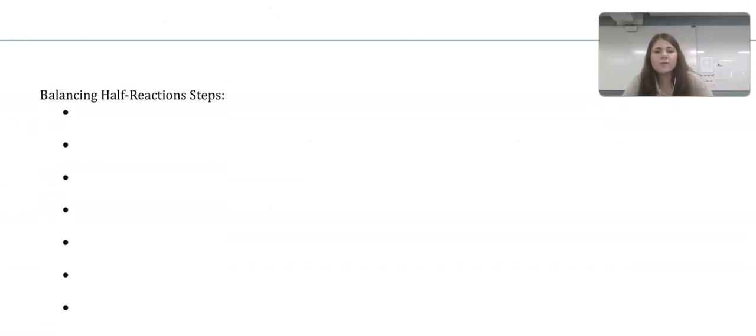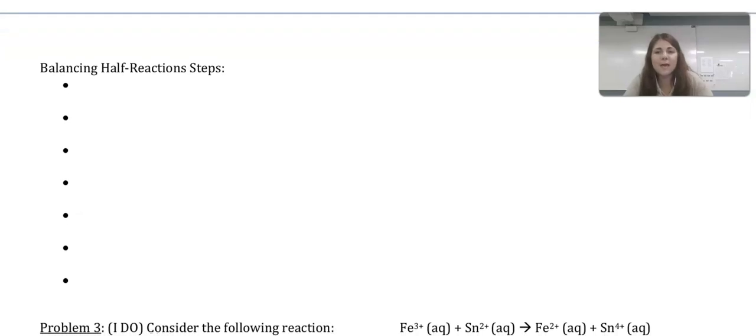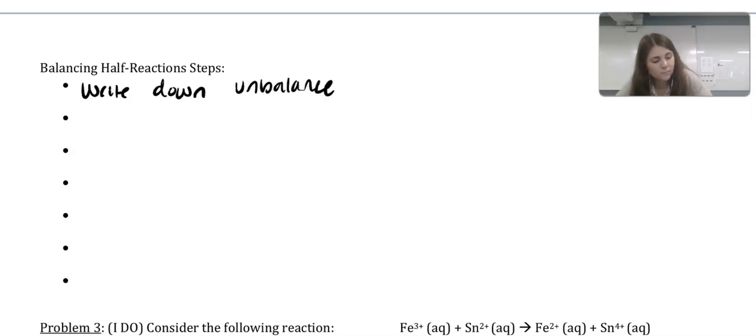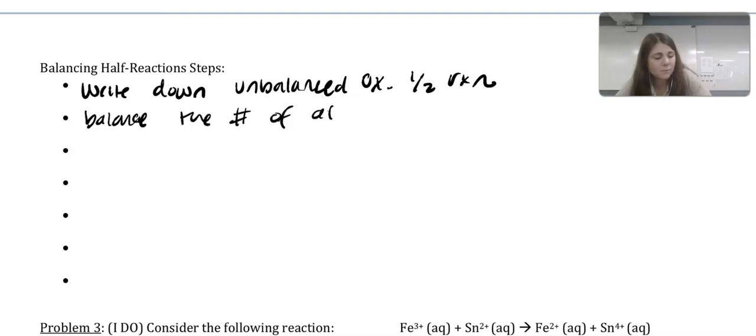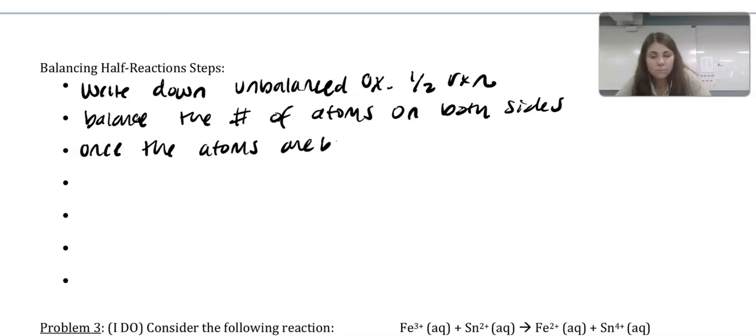All right, so just a few steps for balancing half reactions. First, you're going to write down the unbalanced oxidation half reaction. You're going to balance the number of atoms on both sides. Once the atoms are balanced, you're going to check charge.